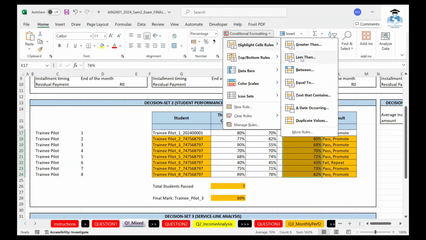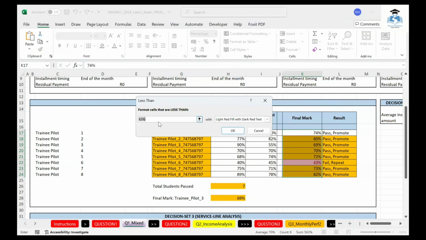It says less than, so less than 60%. Then we must fill with red color.